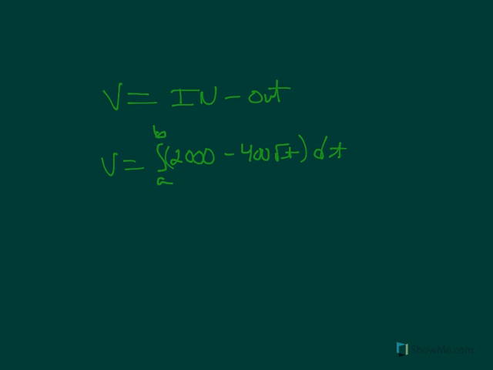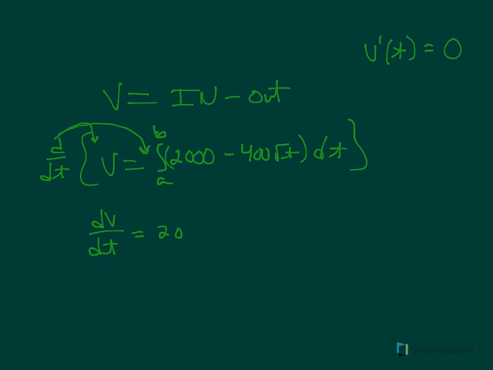And we know mins and maxes occur where v prime is going to be 0 or undefined, or at the endpoints in some cases. So we want to take the derivative of this, and that's going to produce your v prime or your dV/dt. So there's your first derivative. If you take the derivative of an antiderivative, those are going to cancel, and you're going to be left with 2,000 minus 400 square root of t.